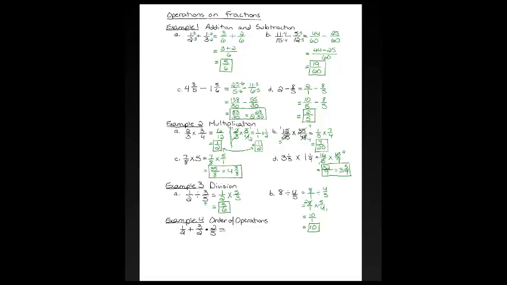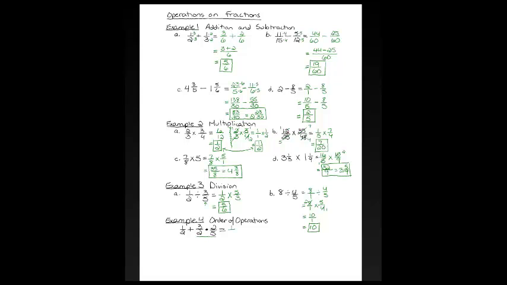Now we've dealt with each of these operations individually. We can also perform the order of operations on fractions. Like the example we have here, 1/2 plus 3/2 times 2/5. Now if you think back to order of operations, you want to multiply first.